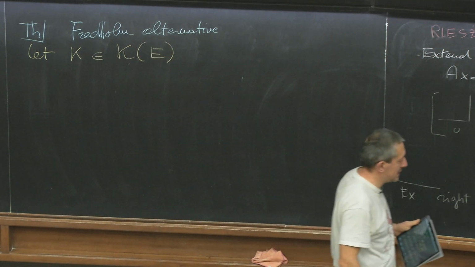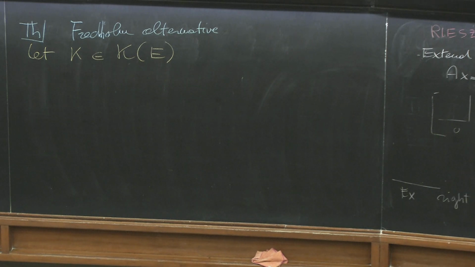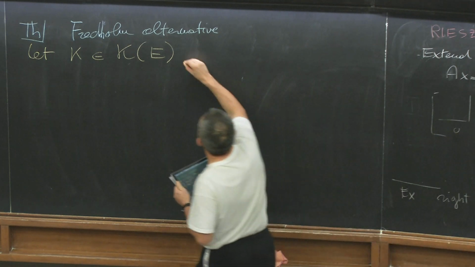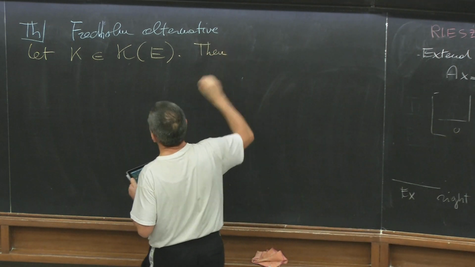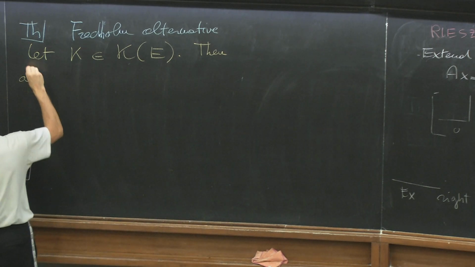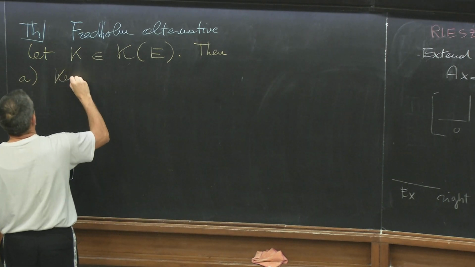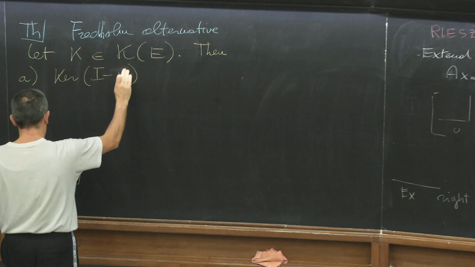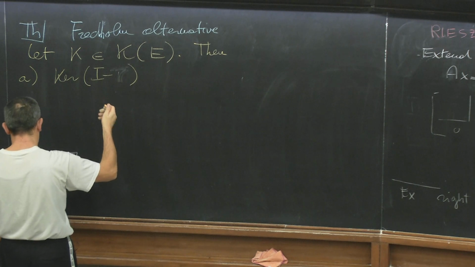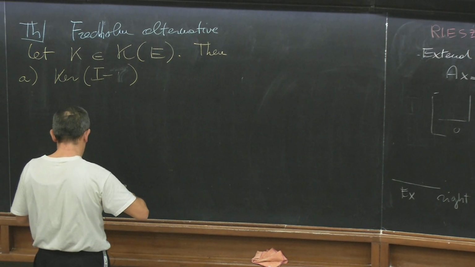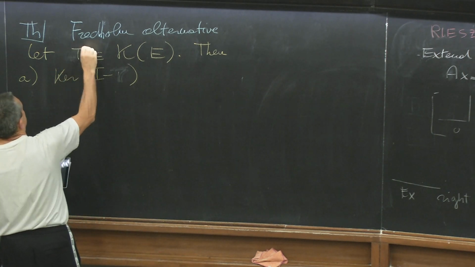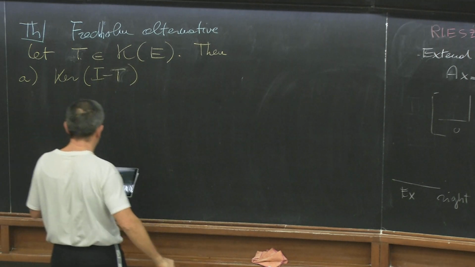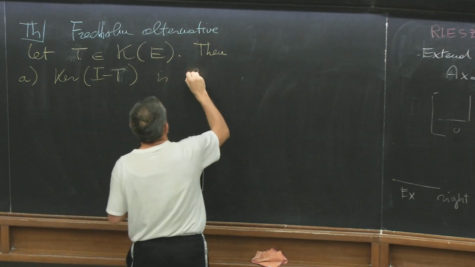because I want to discuss about T, which is identity minus K. Then A, the kernel of identity minus K, sorry, here there is a mismatch in the notation, so let's say this is T. The kernel of identity minus T is finite dimensional.